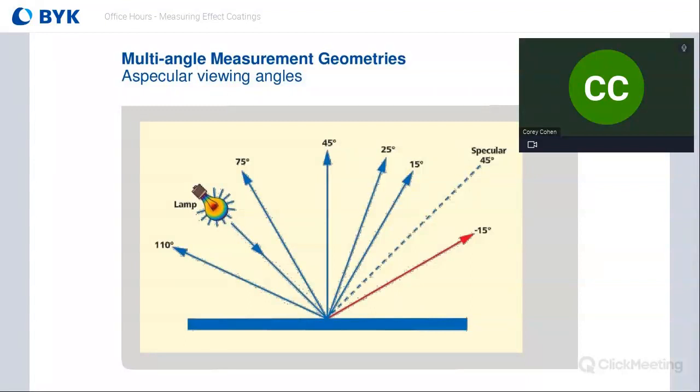So in order to make sure that two surfaces match under all angles, not just one, it's necessary to measure those surfaces at a bunch of different angles.